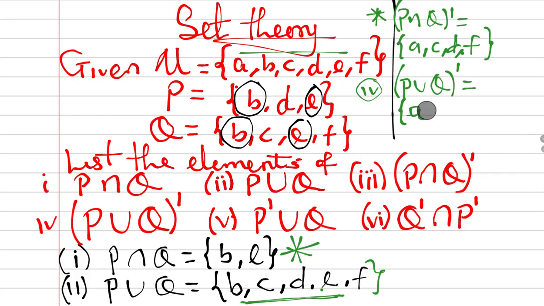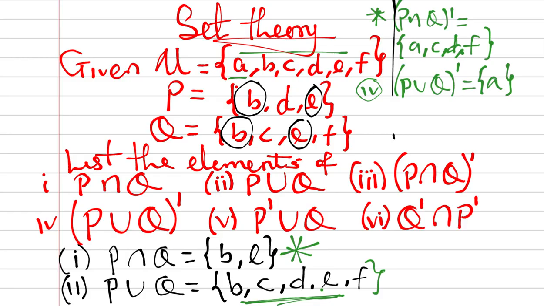So the elements that are in the universal set but not here: A is the only answer. A is the only element that is in the universal set but not in your P union Q.